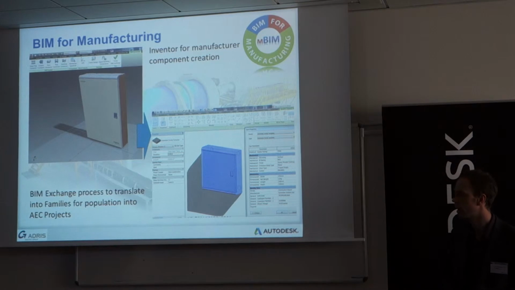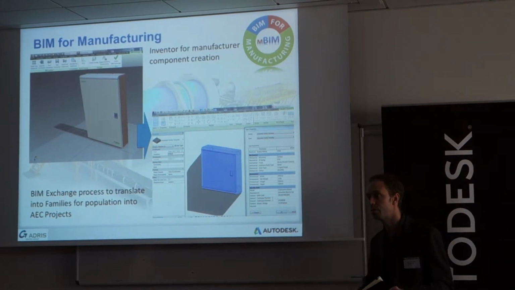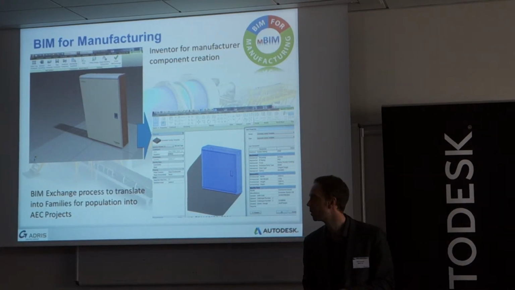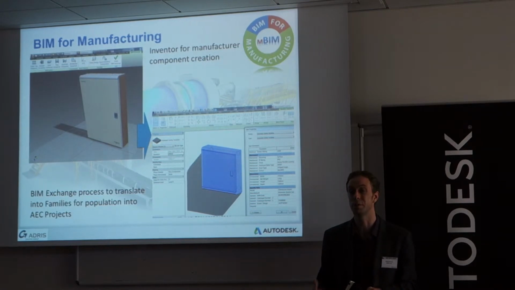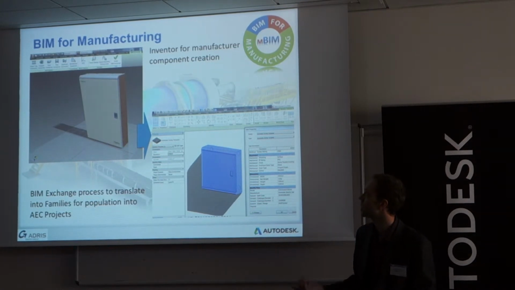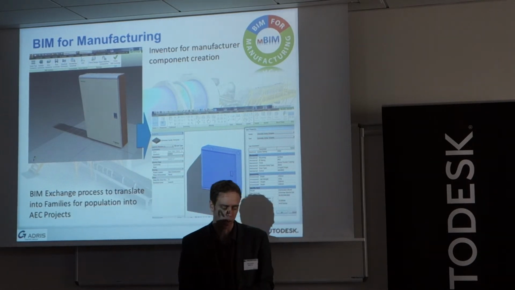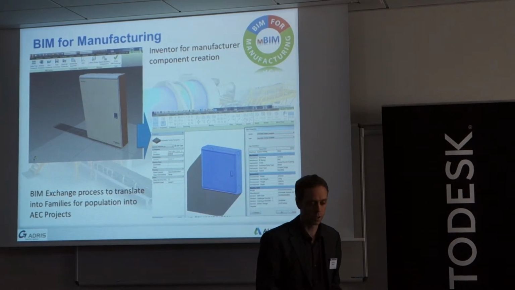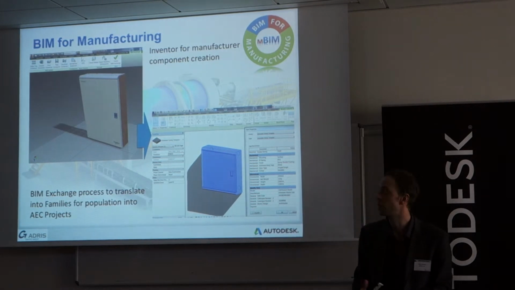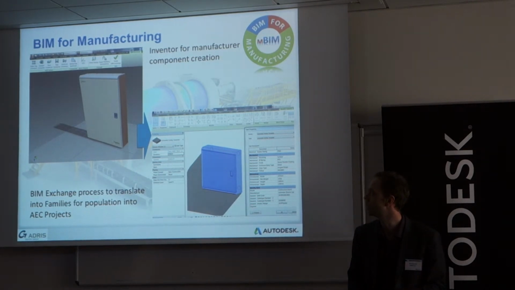And likewise as well, not all manufacturers have stuff in 2D. As I started saying, manufacturing has been doing digital prototyping for many years. And as such, a lot of manufacturing companies already have a degree of stuff in 3D. So the image to the right side there is Inventor, which is a program that we tend to use with manufacturers.